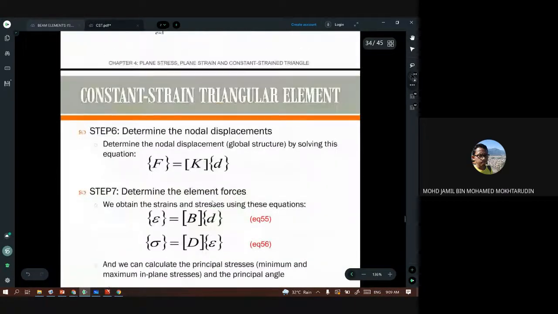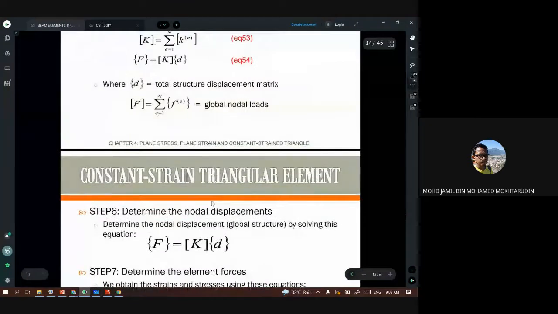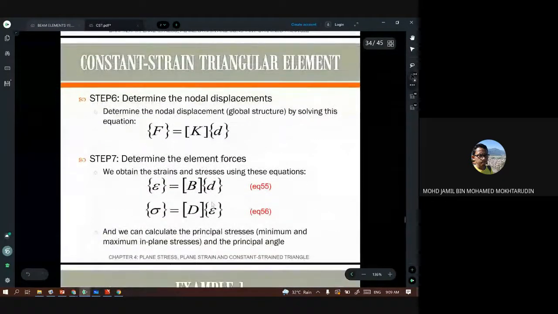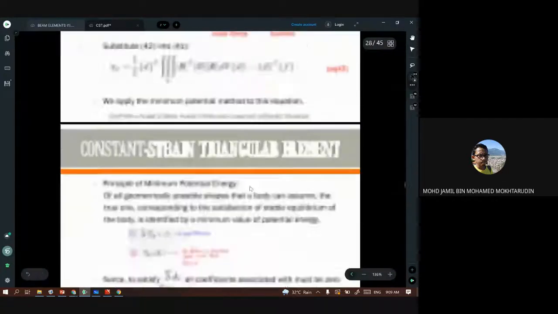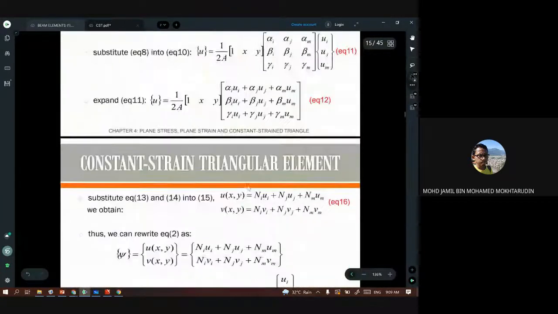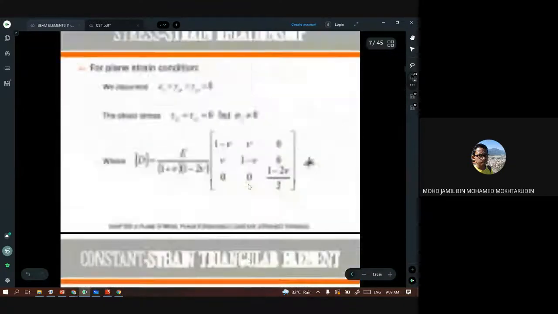So this is about constant strain triangle. There are so many derivations, but I don't think explaining the derivation will help you understand. It will even make you sleepy. So let's recap the formulas that you need to remember on the CST topic.